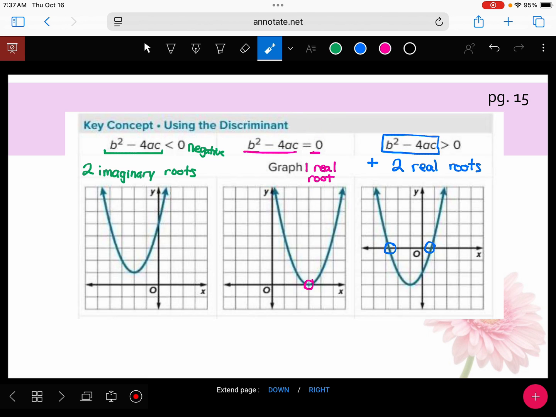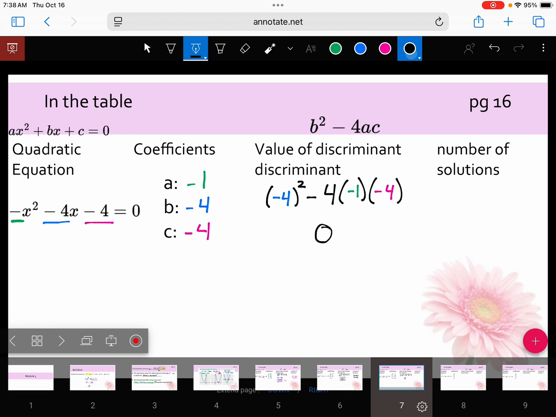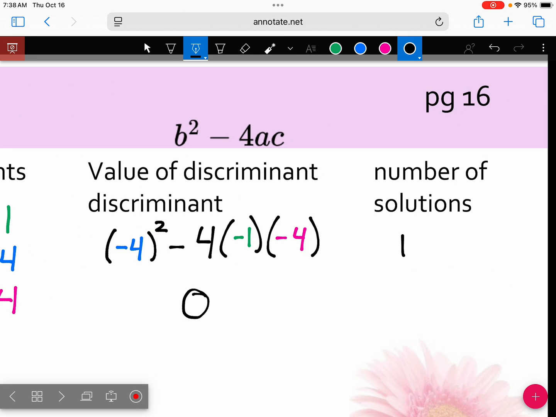When our discriminant equals 0, then we're going to get 1 real root. It's going to come down here and it's going to bounce right off. So we would have 1 real root, or 1 real solution. So if the discriminant equals 0, it means 1 real root.